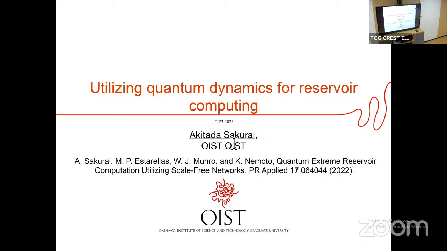But he has also worked on other aspects of quantum machine learning. In particular, he has worked with Pan's group in China, where they have used a different kind of quantum machine learning and have combined it with quantum sensing to study quantum many-body states. So with these few words, let me invite Dr. Sakurai to give his talk.